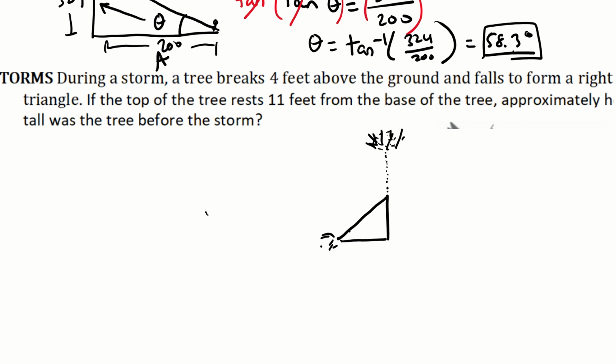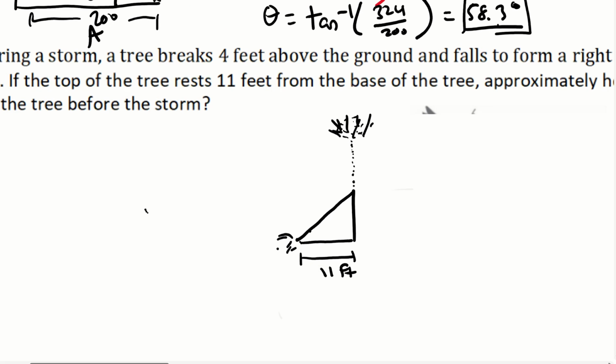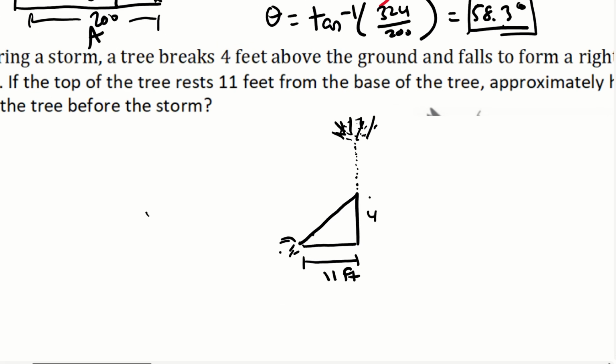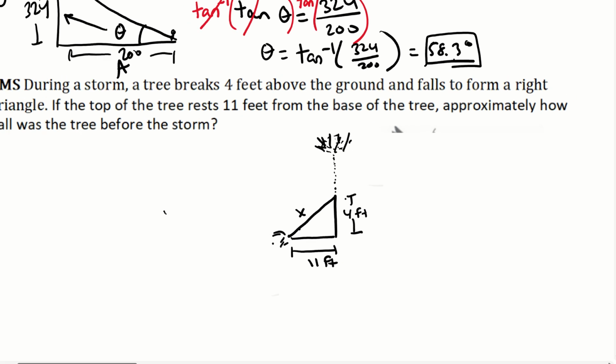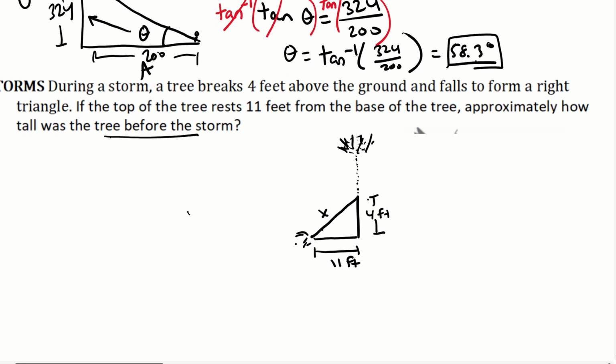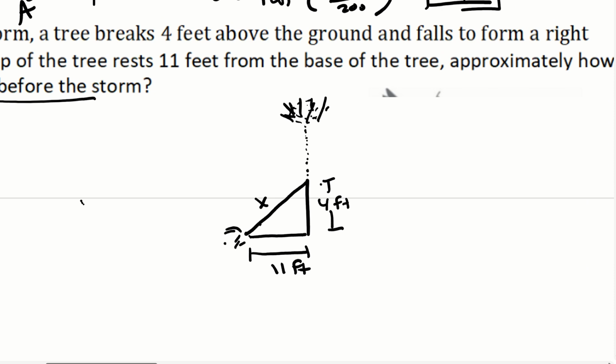And it says the top of the tree rests 11 feet from the base of the tree. And then it says the tree breaks 4 feet above the ground. So this is 4 feet above the ground. And so we need to figure out how long that part is. And then it says approximately how tall was the tree. So the answer is going to be whatever x is plus 4.